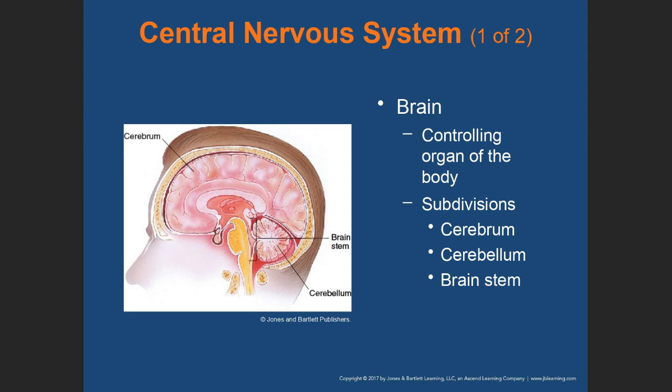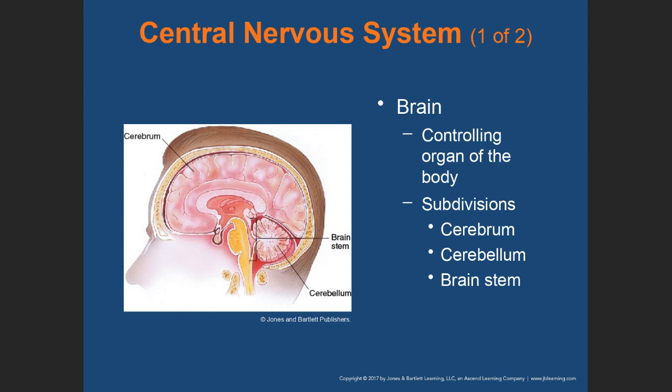Now, let's look at the central nervous system, which consists of the brain and the spinal cord. So the brain is the controlling organ of the body, and the subdivisions of the brain are the cerebrum, the cerebellum, and the brainstem.